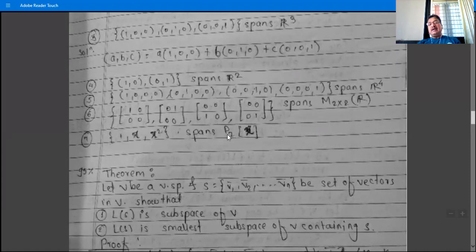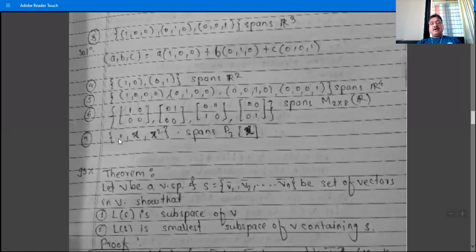Because if you take any element from P2(x), for example, suppose a0 plus a1 x plus a2 x square is any element of P2, and actually this vector is a linear combination of these three vectors, 1, x and x square, and therefore every vector of P2(x) is expressed as a linear combination of 1, x and x square, and therefore this set spans P2(x).